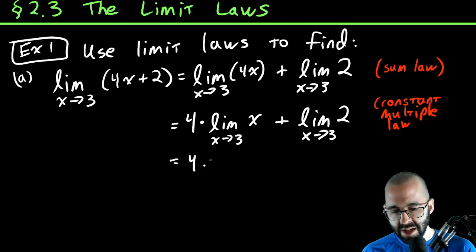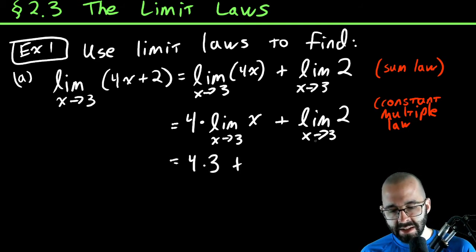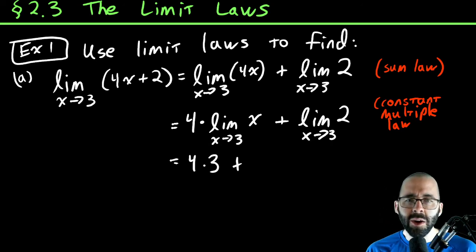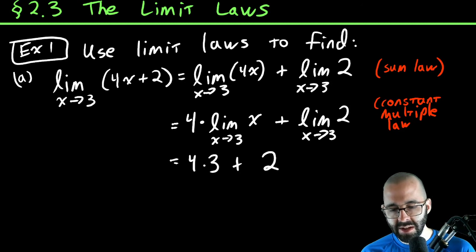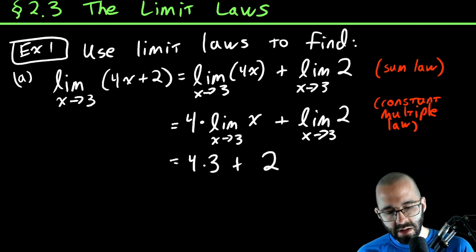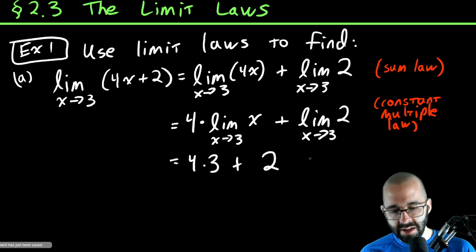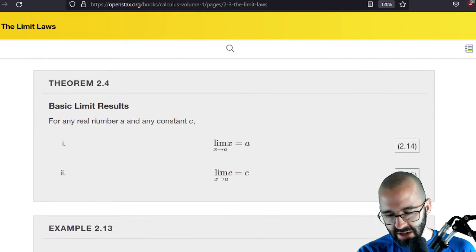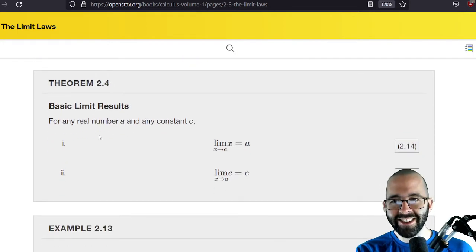This becomes 4 times 3. And again, as x approaches 3, how does 2 behave? Well, 2 doesn't care what x is doing. 2 is always just going to be 2. And what do we call this one? Basic limit results. That's what this is called.